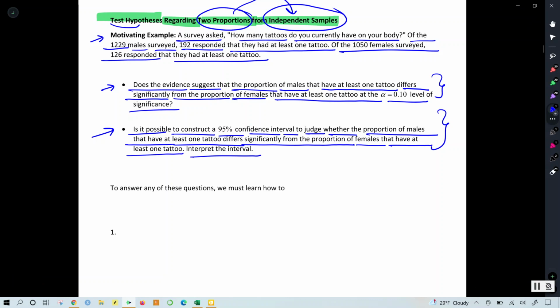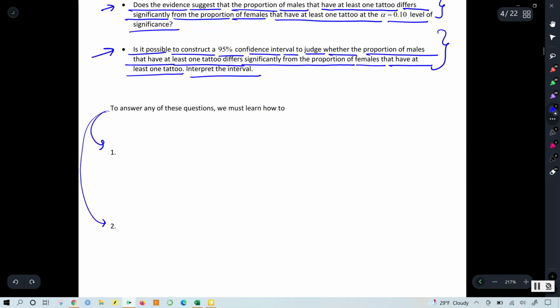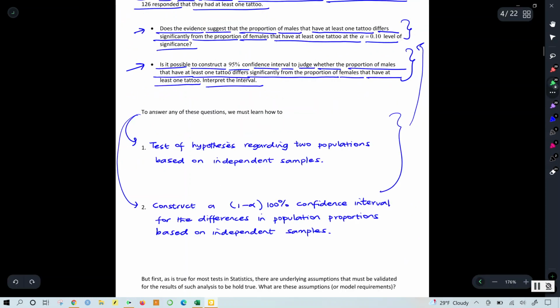But we do need a couple of important basics. So we're going to outline those two basics that we're going to need in order to be equipped to answer the questions posed based on the scenario observed. Here are the two things we must learn.